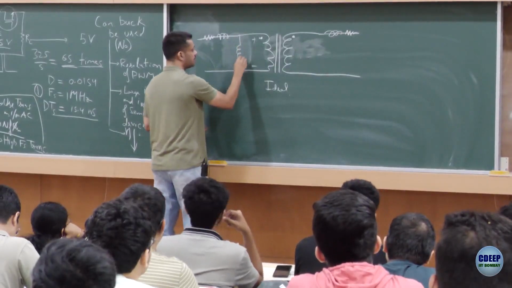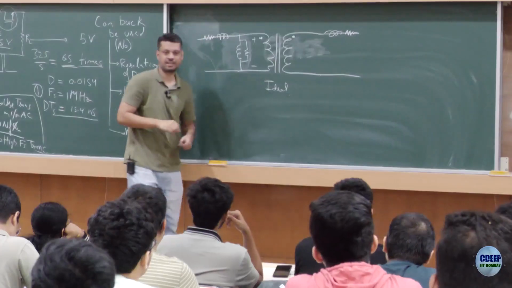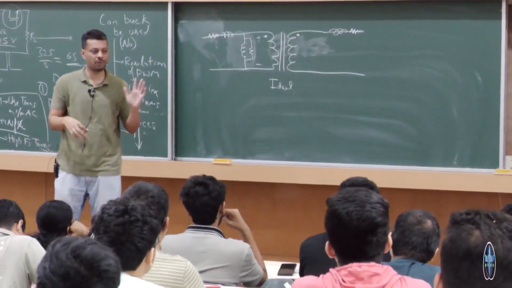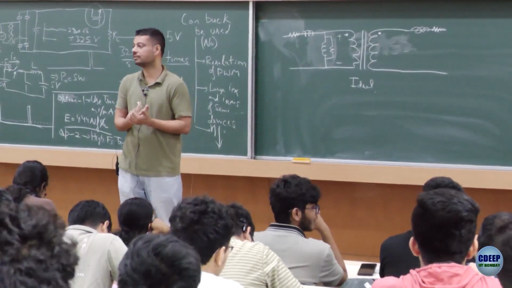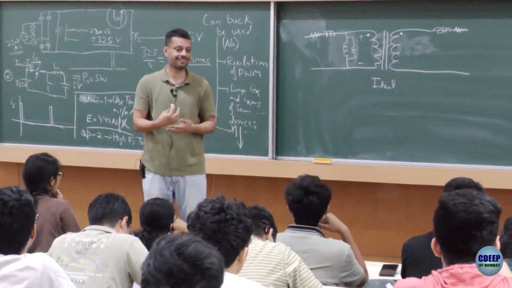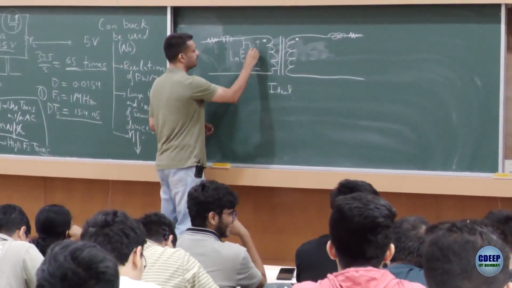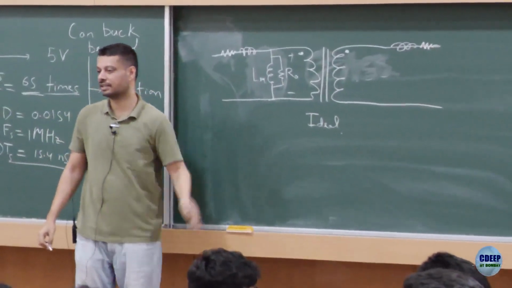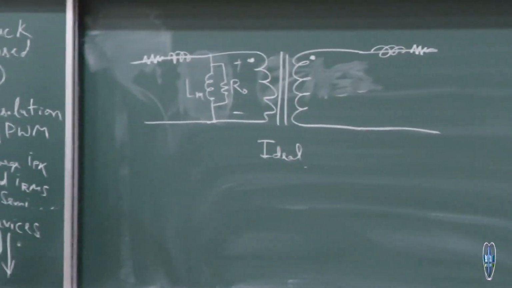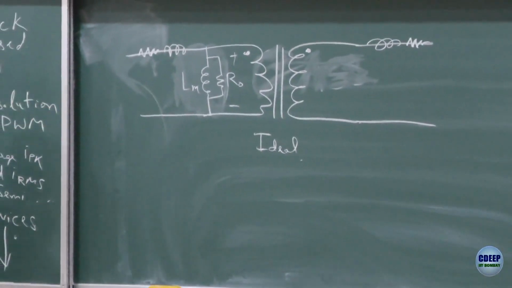Magnetizing inductance and the core loss resistance, which represents, in our equivalent circuit, both hysteresis as well as other core loss, eddy current. So all of you remember this equivalent circuit, right? We are going to use it now and build a power electronic circuit using the same transformer.